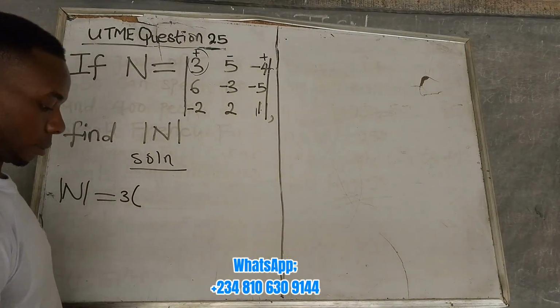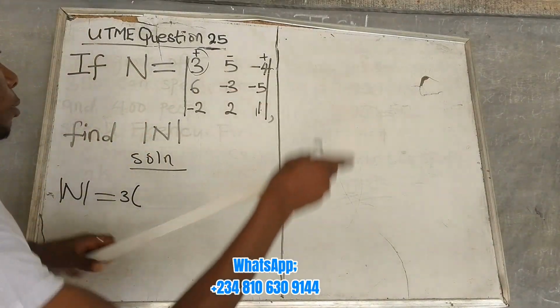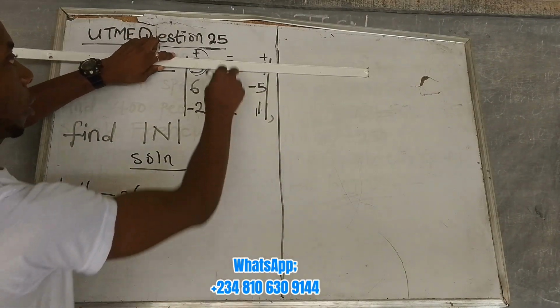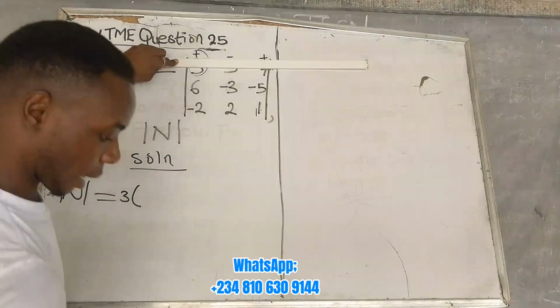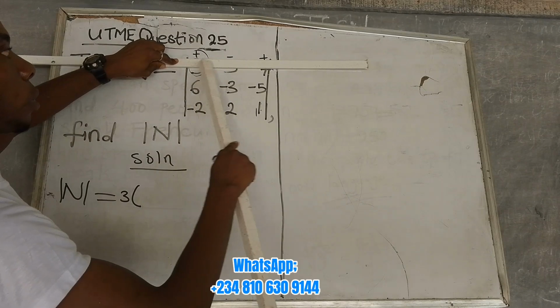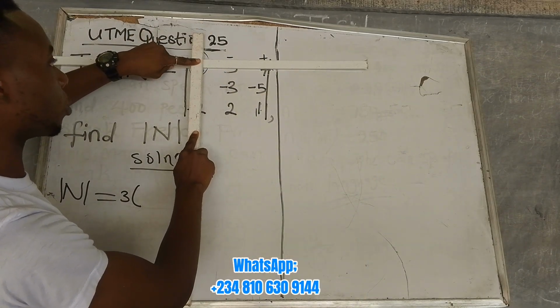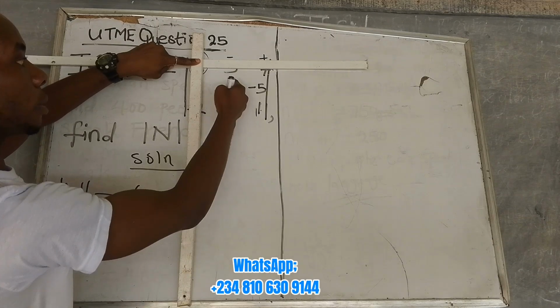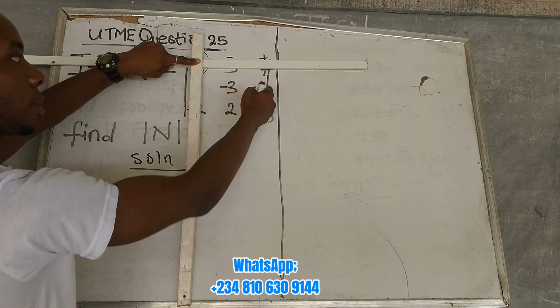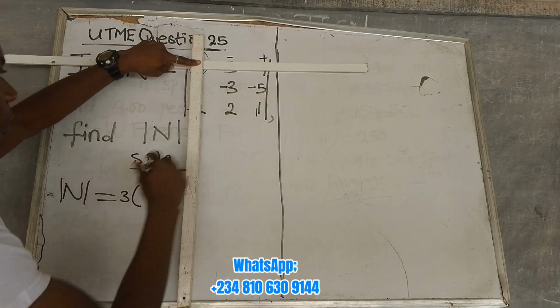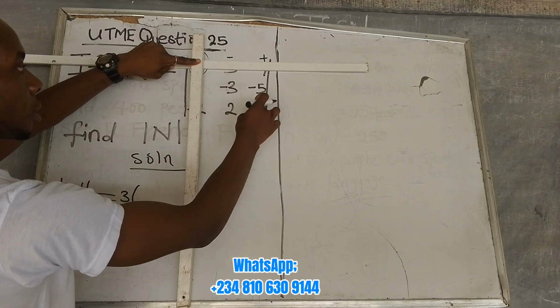You open a bracket. Now, use your finger or use anything that you can use. Use your pen or your finger. So you close that row and then close the column where that 3 is. So what is left is minus 3, minus 5, 2, and 1, right? So this will multiply this.